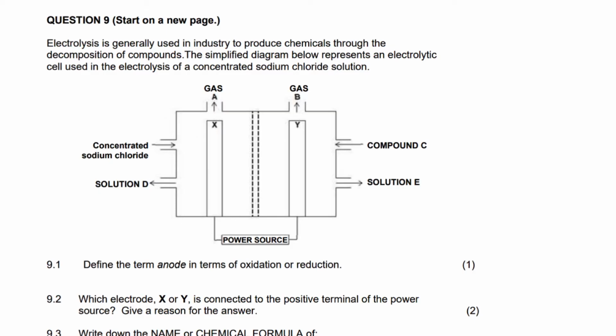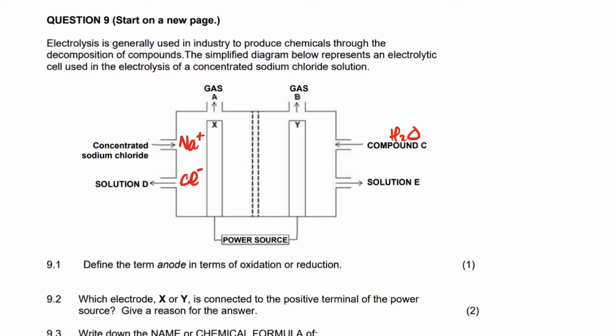Now, guys, if you see here, they say the concentrated sodium chloride is inserted there. So if the sodium chloride is inserted there, that means it's water that is inserted on this side, right? So compound C is going to be water. So there will be a sodium ion and chloride ion. What's going to happen here?